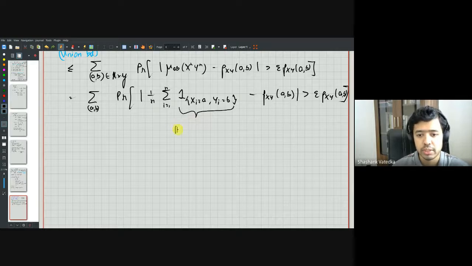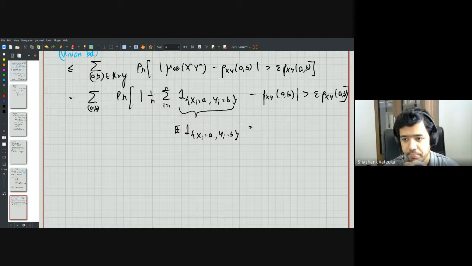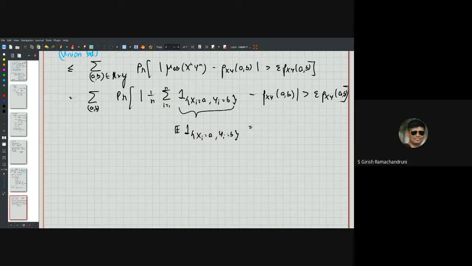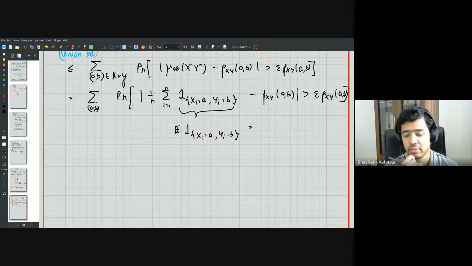So what is the expectation of this indicator random variable? It should be 1, sir. It is not 1, right? Why should it be 1?